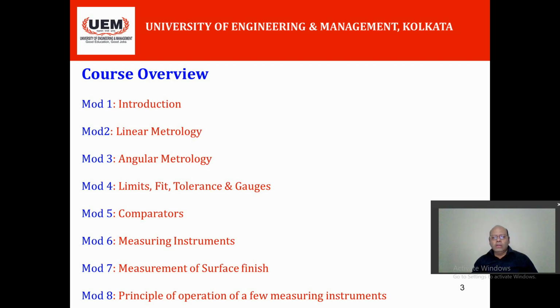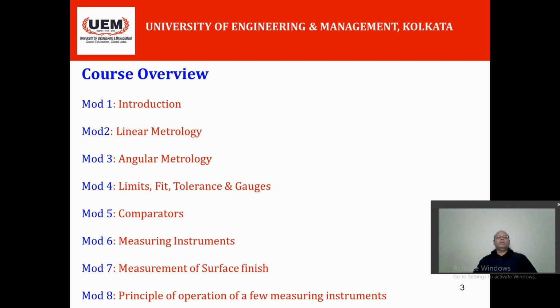These comparators include the dial indicator, which is a very basic comparator, the Johnson microcator, mechanical comparator, Sigma comparator, mechanical optical comparator, electrical comparator, electronic comparator, and the pneumatic comparator. These comparators are very important in metrology and the measurement system.